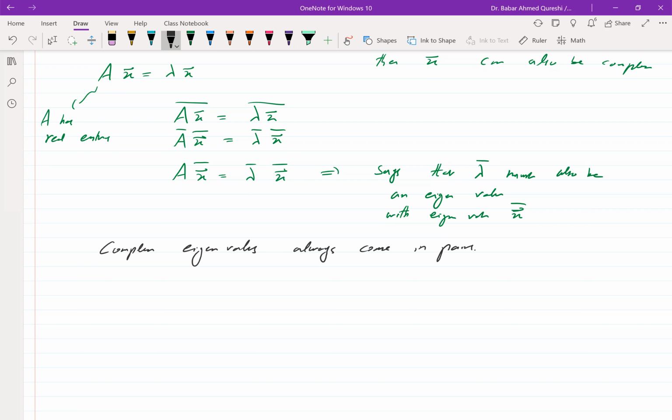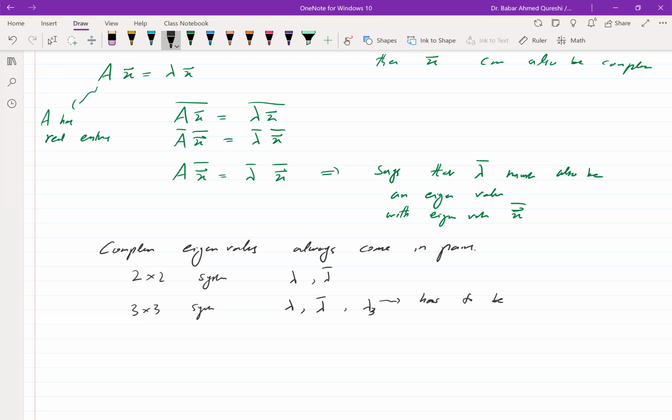So that means if I am doing a 2 by 2 system, and I have one complex eigenvalue lambda, the other one would be lambda bar. If I have a 3 by 3 system with one complex eigenvalue, there will be another one, lambda bar, and the third one has to be real. Let's call it lambda 3.